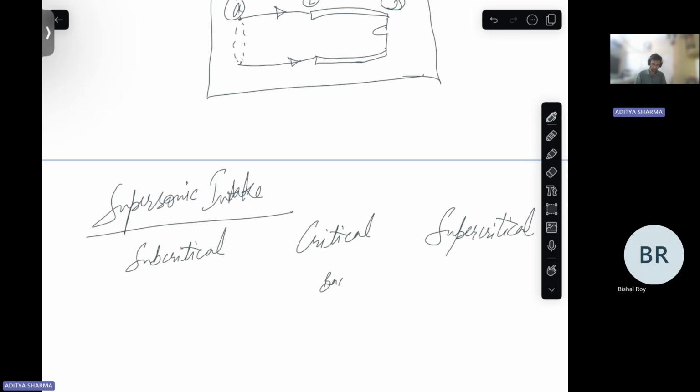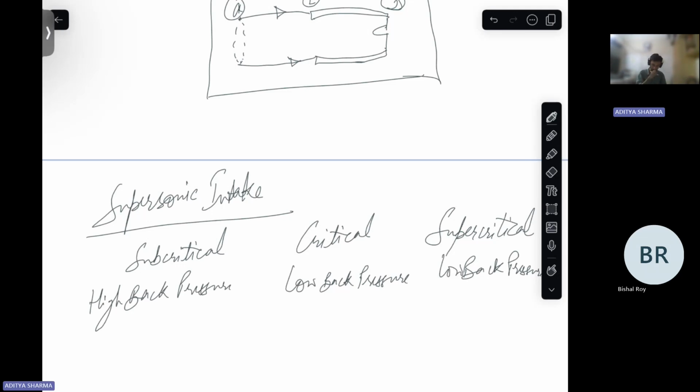Okay. So based on back pressure, if you see, this would have high, this will have low, and this will have low back pressure.